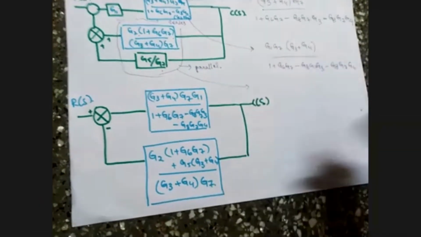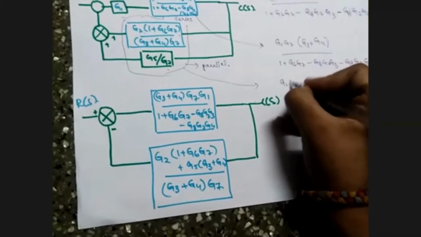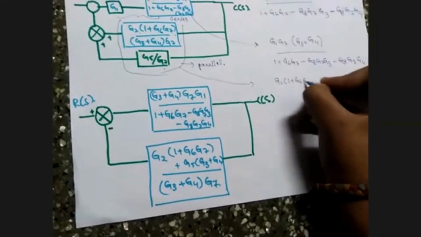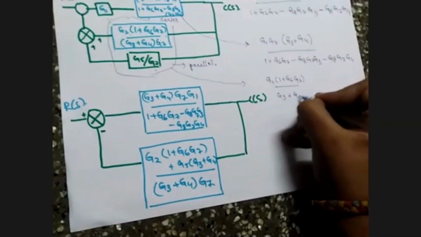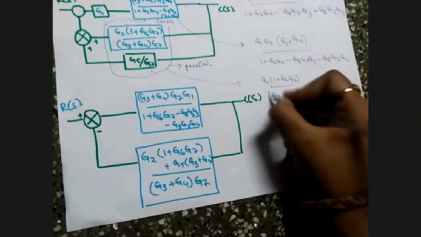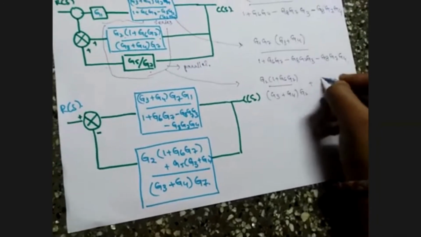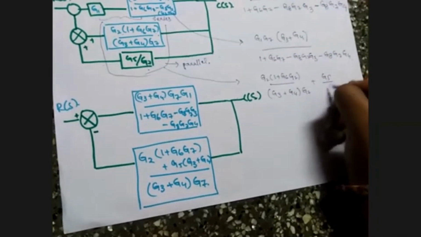This will be the gain. And these are parallel. So if they are parallel, the gains should be added. So G2 into (1 plus G6 G7) by (G3 plus G4) into G7 plus G5 by G7.